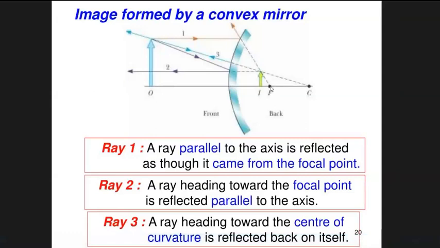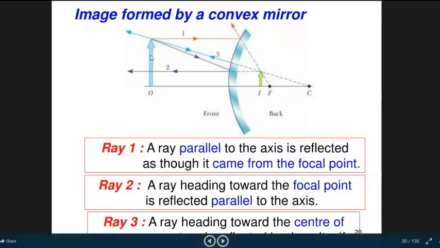Now, second special ray is used, that is this incident ray is directed towards the focus itself. So after reflection it becomes parallel to the principal axis. And third special ray is incident ray directed towards the center of curvature, therefore it is reflected back.